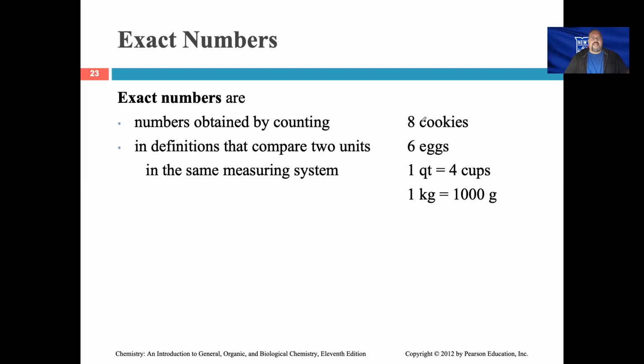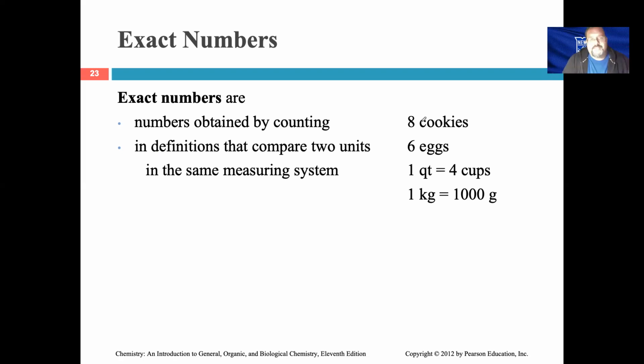If you have 8 cookies laid out on a table, you should be able to get as many people as you want to come in, and they should all agree that there are 8 cookies, by going 1, 2, 3, 4, 5, 6, 7, 8. For the most part, counting is an exact science, and therefore 8 cookies would be an exact number.